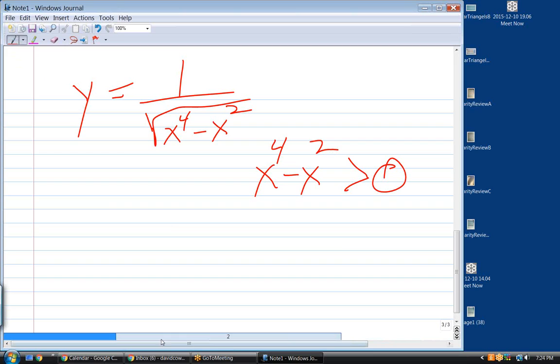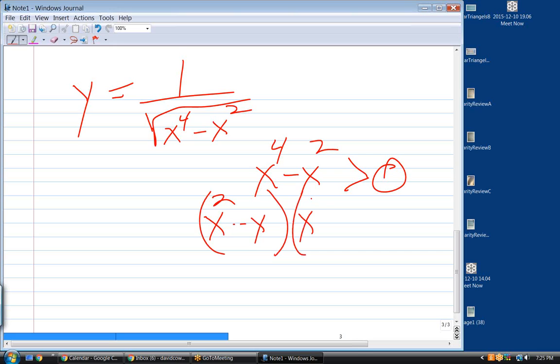Let me think for a second about the proper way to solve this. Notice that that's the difference of squares.